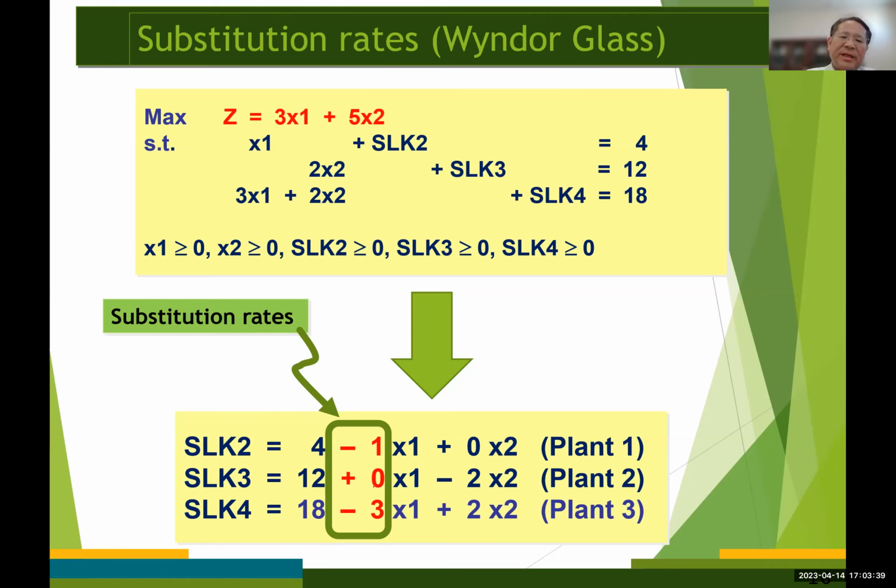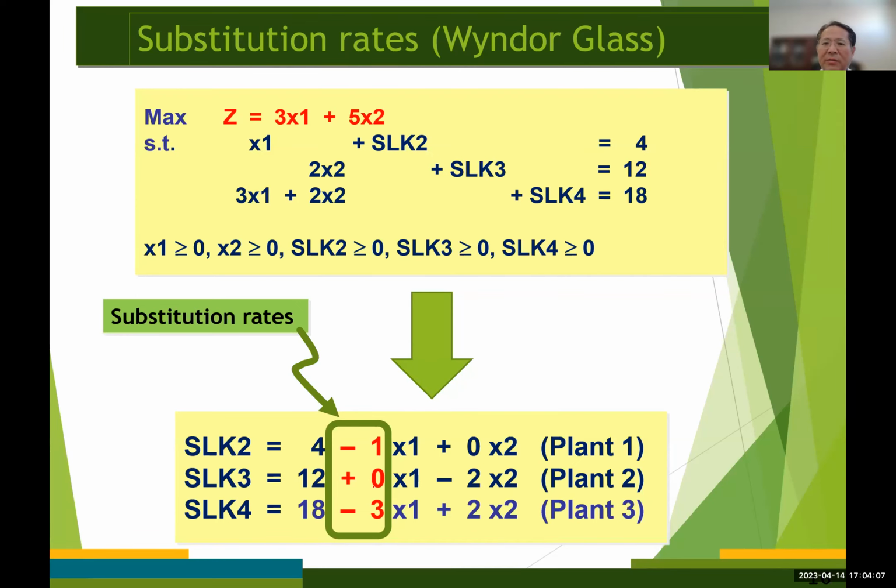Next concept is the substitution rates. With our initial basic solution, x1 and x2, both variables have 0 value because they are non-basic variables, right?